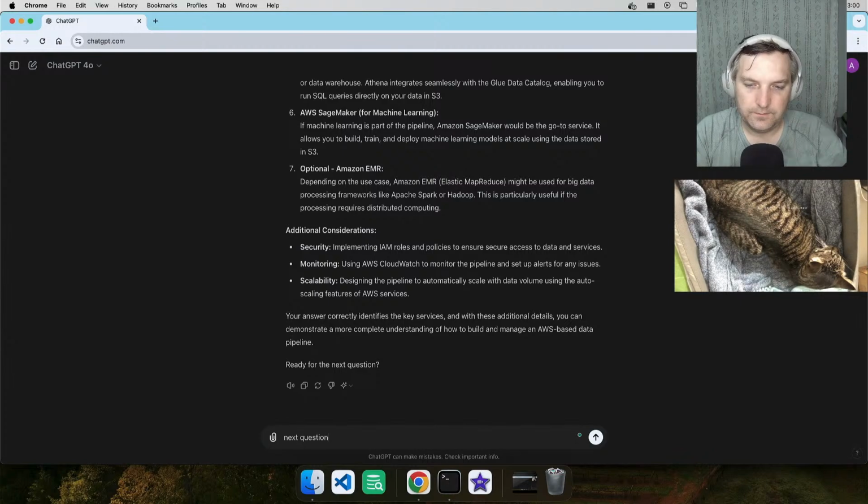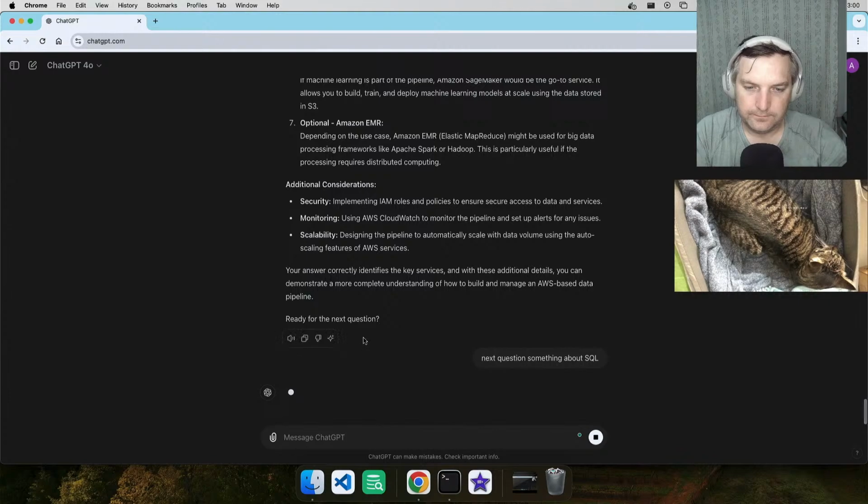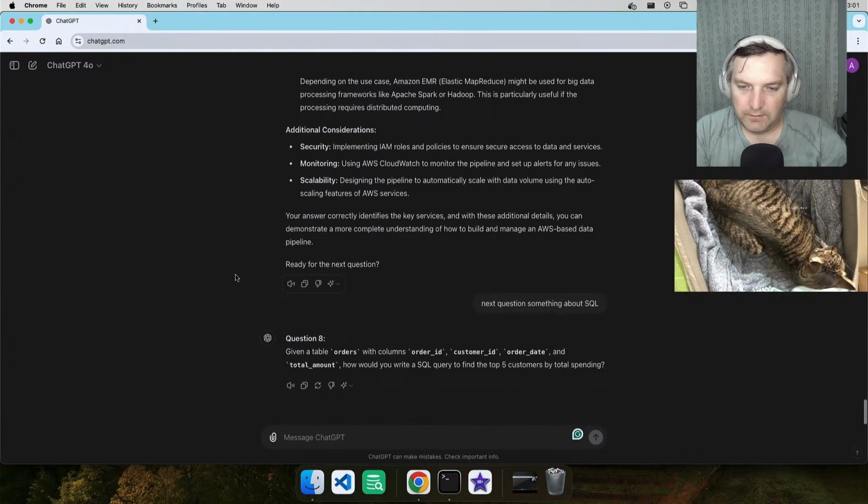Next question. Something about SQL. Given a table orders with order ID, customer ID, order date, and total amount, how would you write a SQL query to find the top 5 customers by total spending? Oh, so that would be select the sum of total by customer ID and order by the amount spent.